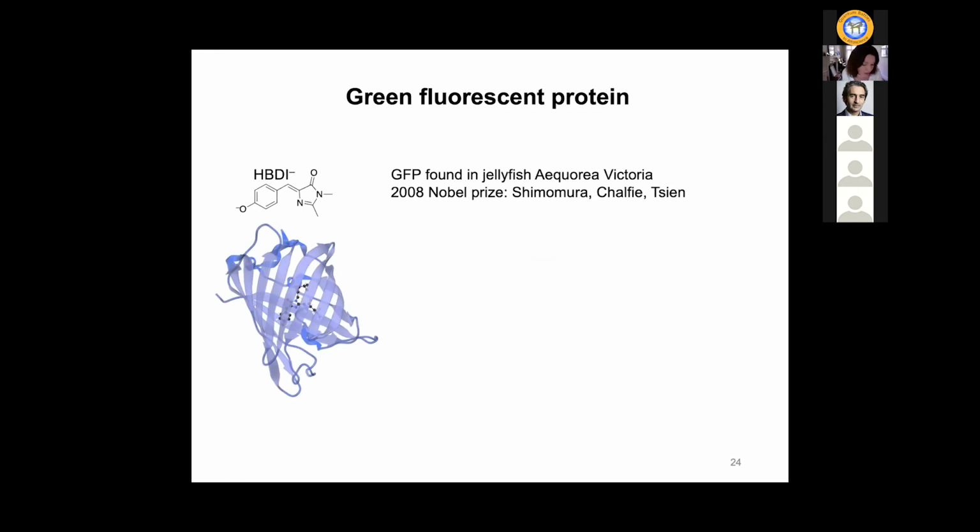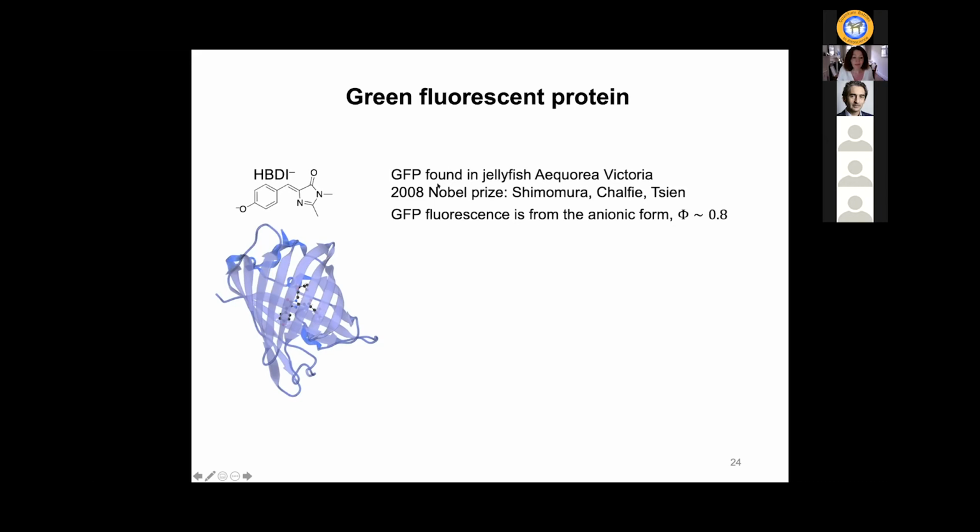So now I think I have a few minutes to quickly discuss some spectra, photoelectron spectroscopy of the green fluorescent protein chromophore. The green fluorescent protein is ubiquitously used in biology and medicine for imaging.